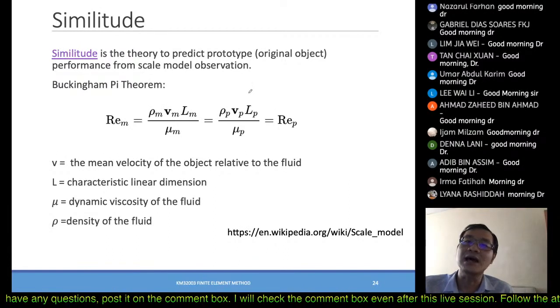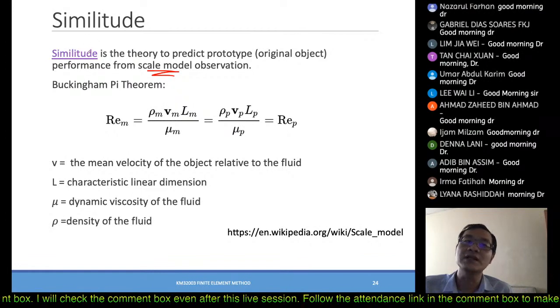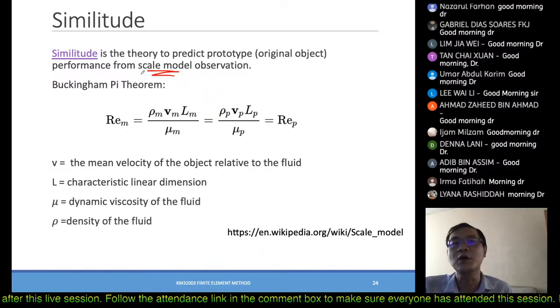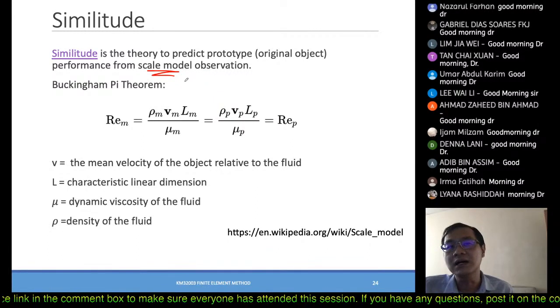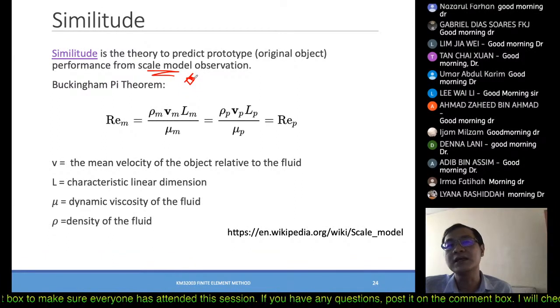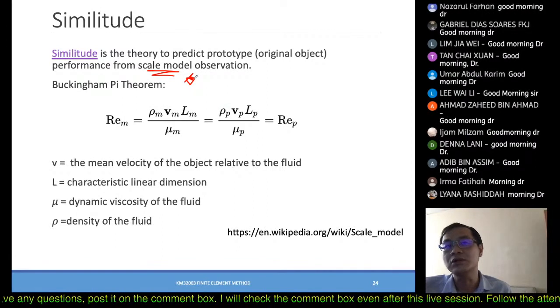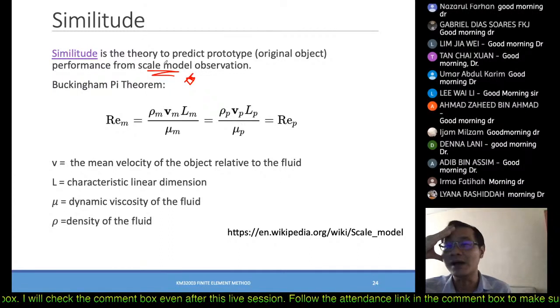So this will become handy when we call it similitude, to predict the prototype performance using a scale model. This is widely used when they do a simulation, to identify especially the fluid parameters.